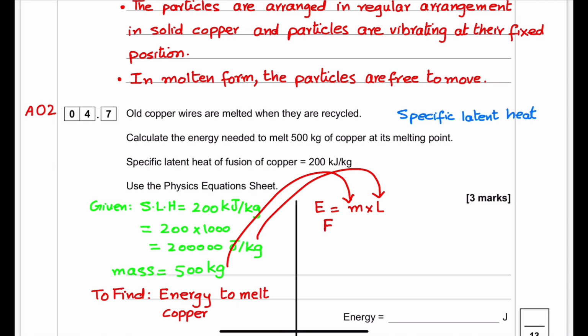So energy is equal to 500 times 200,000. By using the calculator, we have the answer 100 million. So energy used to melt 500 kilogram of copper is 100 million joules.